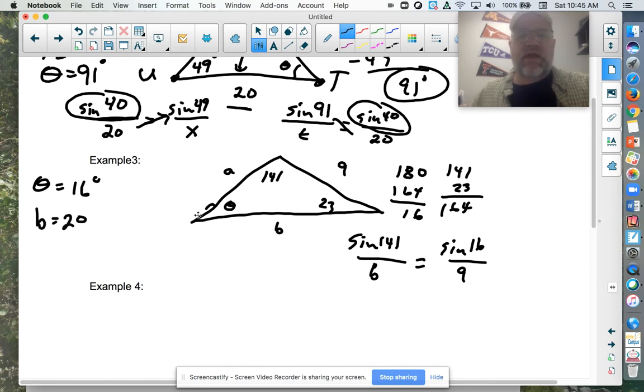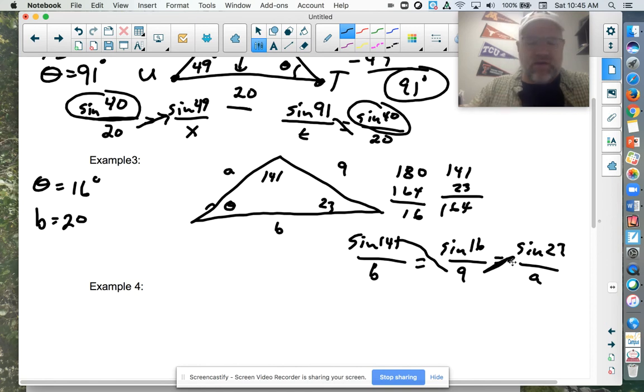And let's try a now. We're going to just incorporate a, which is the sine of 23 over a. So again, I did this cross first. This time I'm going to go this cross first.